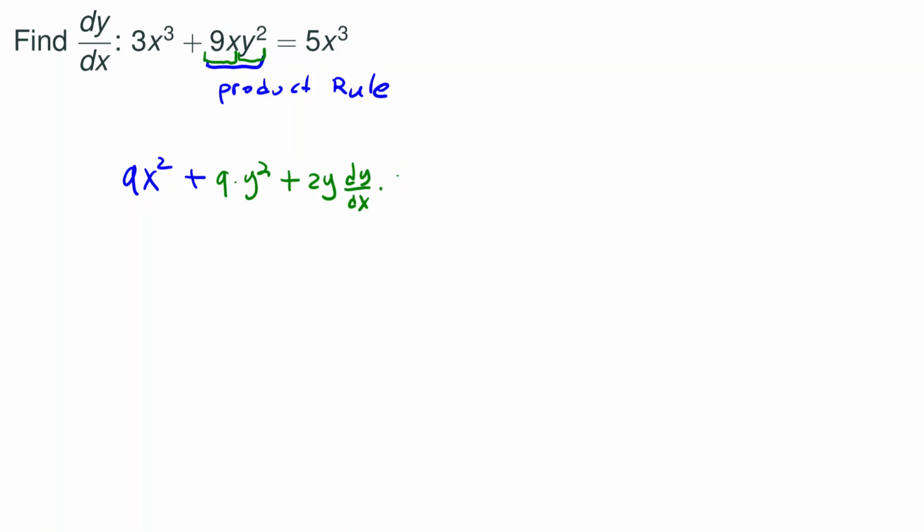Multiply by, don't forget this part, 9x. We have to multiply by the first function. Equals the derivative of 5x to the third power with respect to x, which is just 15x squared by the power rule.